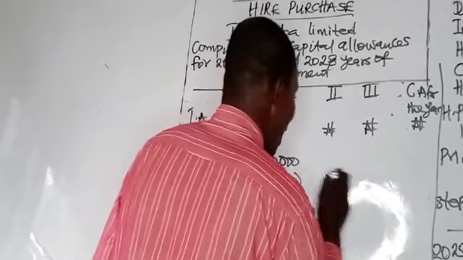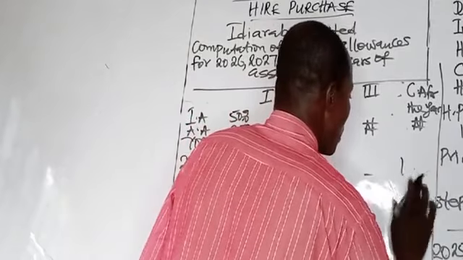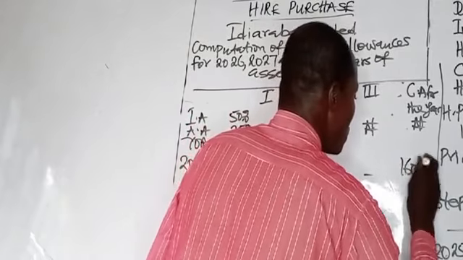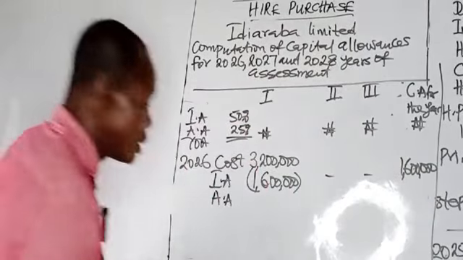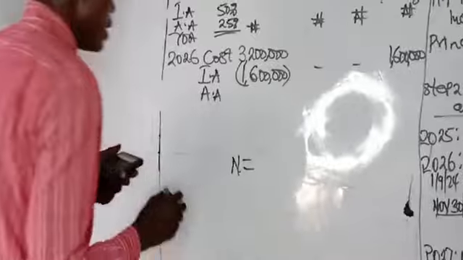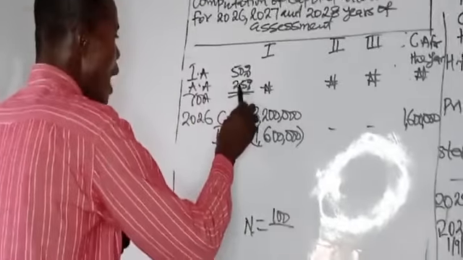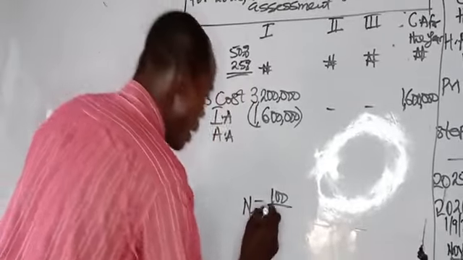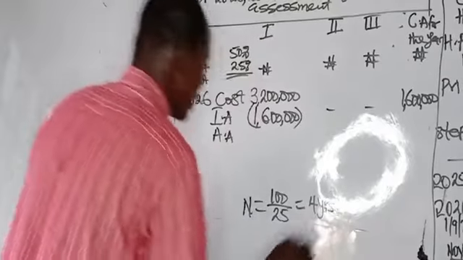Initial allowance, we have 1.6 million. Annual allowance. So, the life of the asset, number of years of the asset will be 100 over annual allowance rate. And our annual allowance rate is 25%. 100 over 25 will give us 4 years.